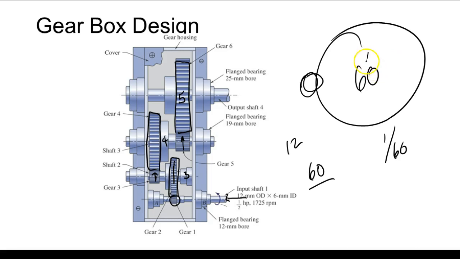The diameter would have to be 60 times that gear if I tried to do it with just one gear, right? So we use a lot of what we call gear trains or gearboxes. So these would be multiple sets, and this goes into a box, or what we call a gear train.